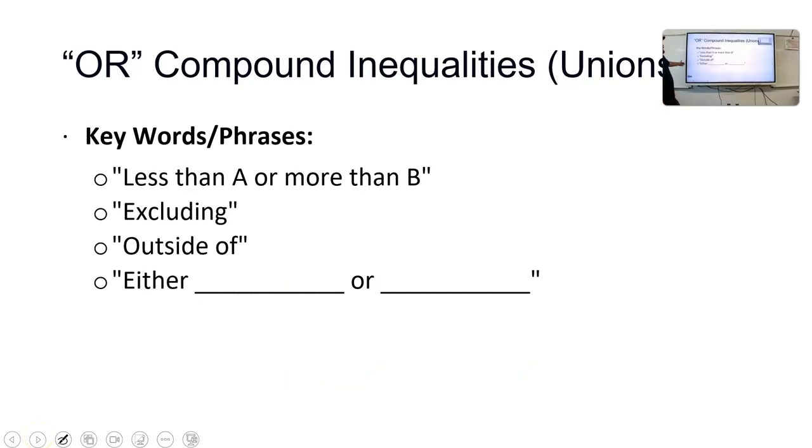So keywords for compound or inequalities: less than A or more than B, excluding, outside of two different numbers, or you could say either x is less than -1 or x is greater than or equal to 3. Using either-or would be another keyword that you want to look at when doing this assignment.